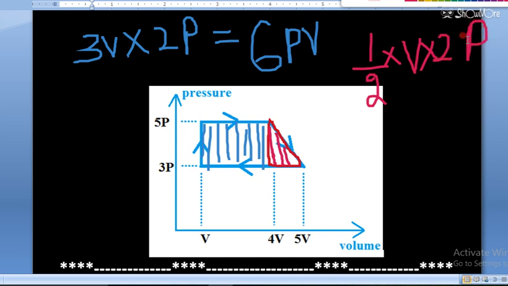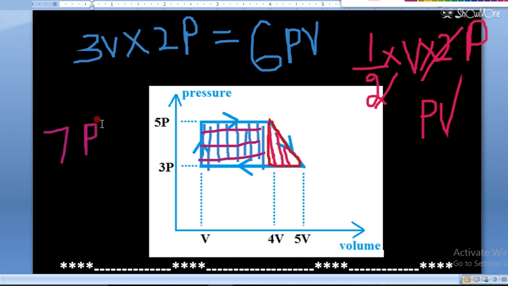So 2 and 2 will again cancel out in this case also. So PV is the area of this triangle. So the total work done is equal to the area of this rectangle plus the area of the triangle, 6 PV plus PV, so 7 PV. This is the total work done for this question, and the sign is positive because this cyclic process is clockwise.